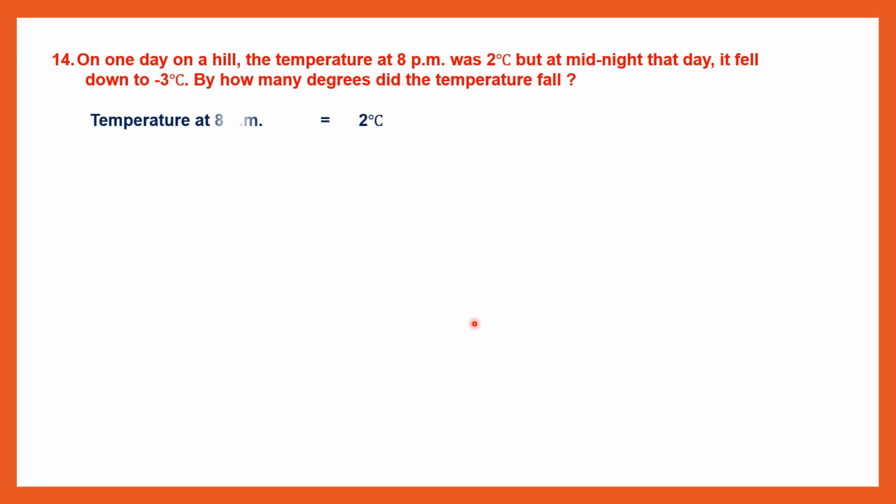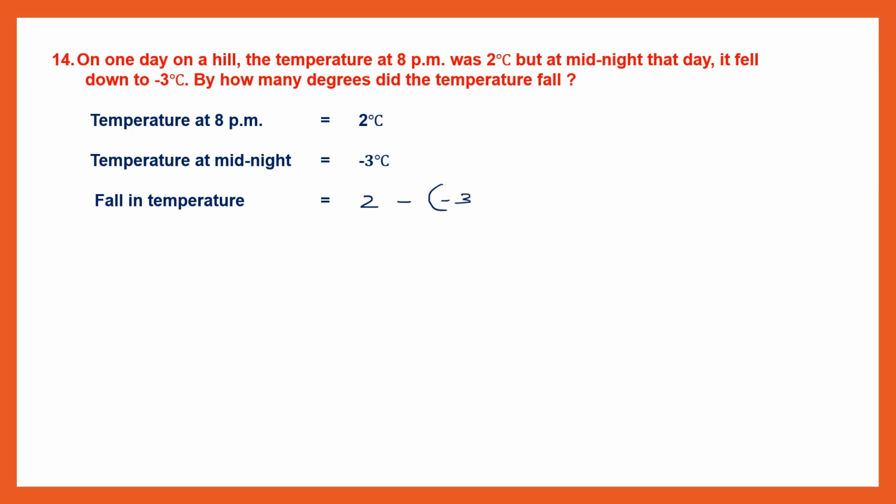Okay, so the temperature at 8 p.m. was 2 degrees Celsius. The temperature at midnight was negative 3 degrees Celsius. Fall in temperature, that means it has come down, isn't it? Fall means it is negative, so we have to subtract. So take the first one, that is 2 degrees Celsius minus negative 3.